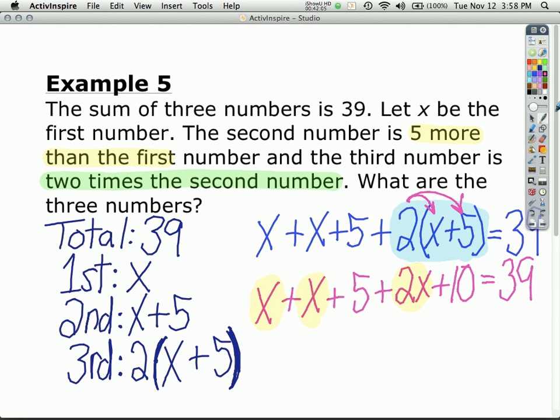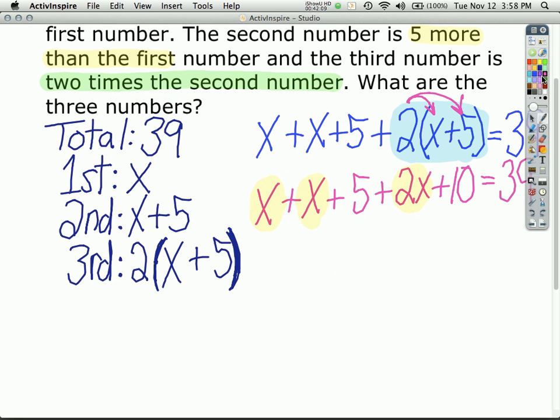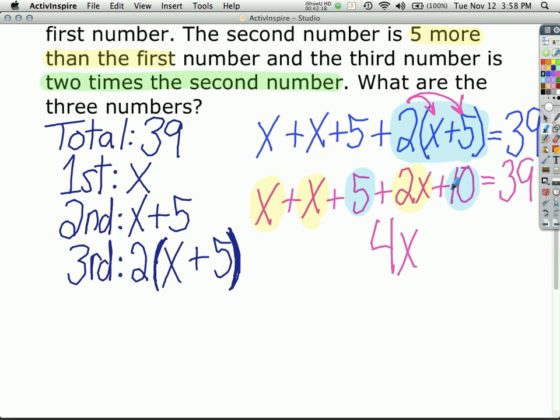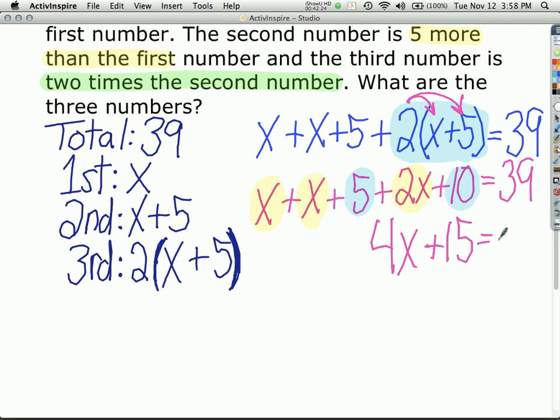What do we get when we add those together? 4x. Very good. 4x. And then we've got 5 and 10. And so we add those together. We got 15 equals 39.